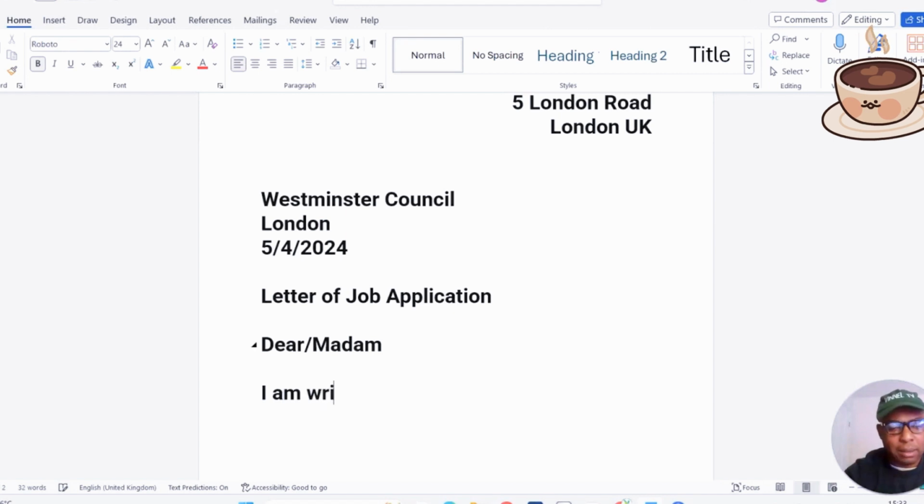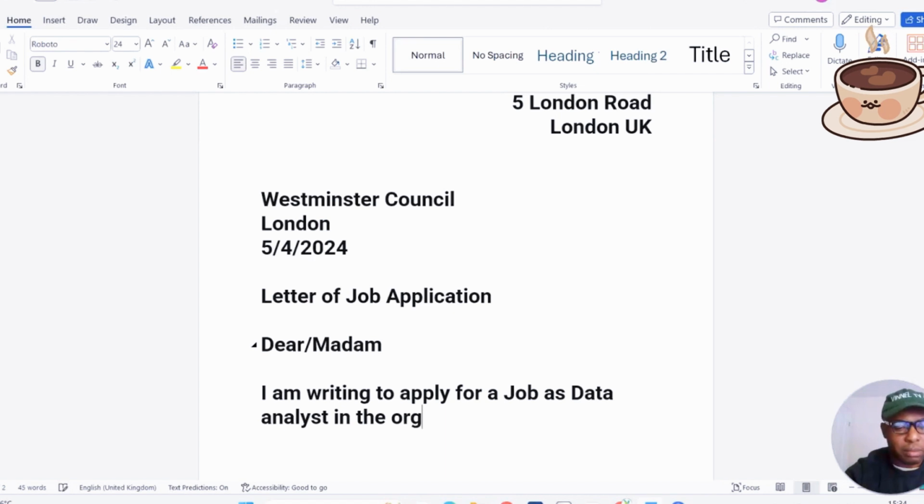I am writing to apply for a job as a data analyst in the organization as advertised on the gov.uk website.